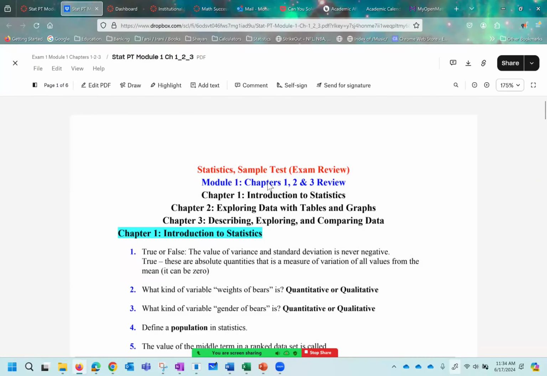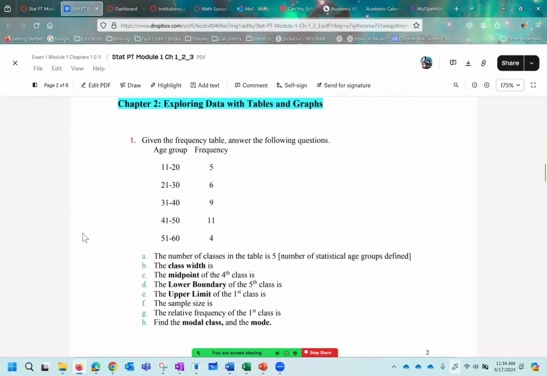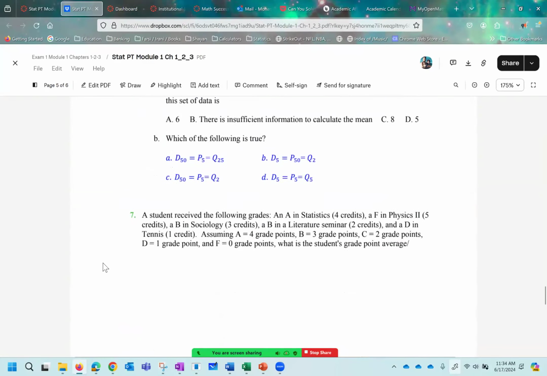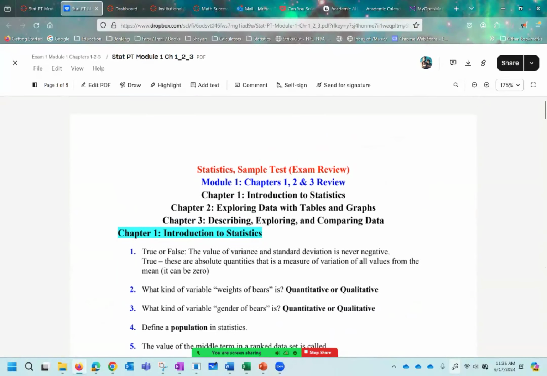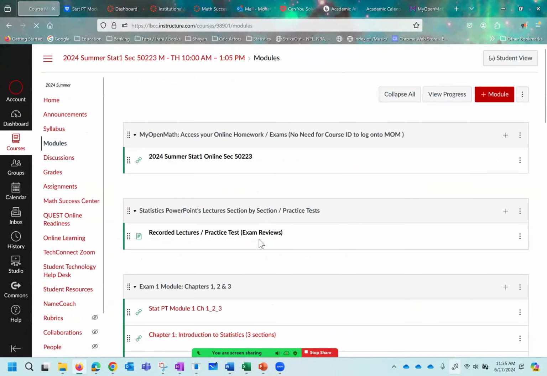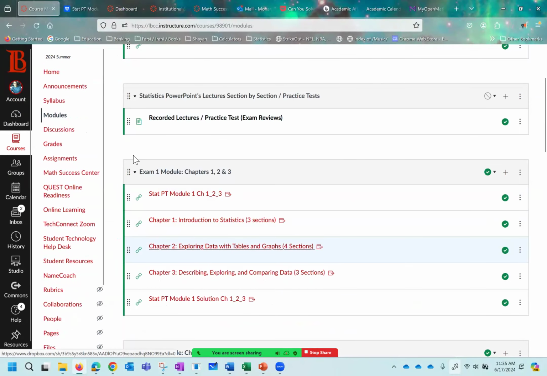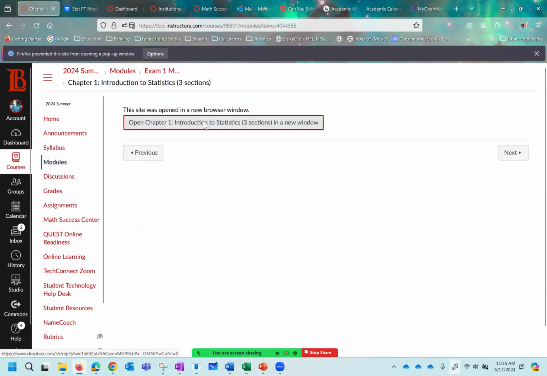The idea behind this is you take a couple of minutes to read this practice test to see what is covered in the first module. After that, we have the chapter 1, 2, 3 PowerPoints. For example, if I click on chapter 1, the PowerPoints show up for chapter 1.